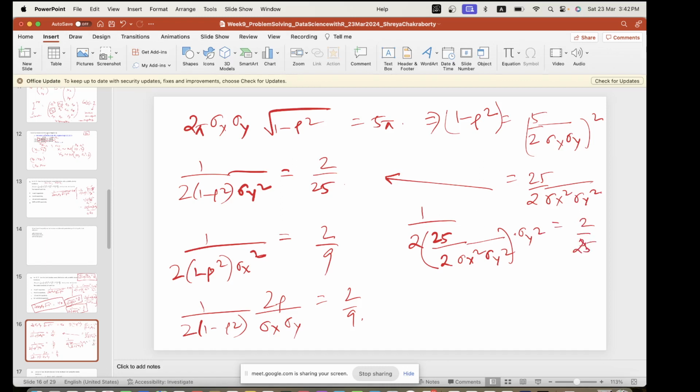So this 25 cancels, this sigma y square cancels, and this 2 cancels, so we have sigma x square by 25 equal to 2 by 25. So then sigma x square will be 2.